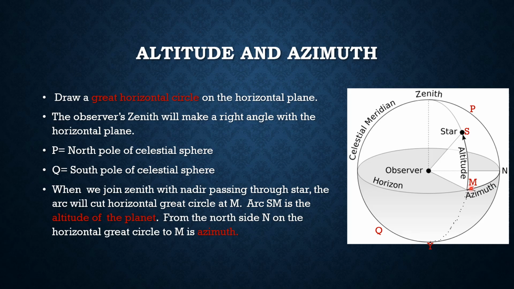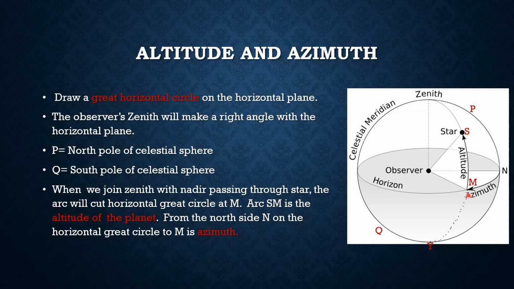We consider this point as M. So here is the star, and this is the point where it cuts the horizontal circle. In that case, S and M will give you the altitude of the planet.